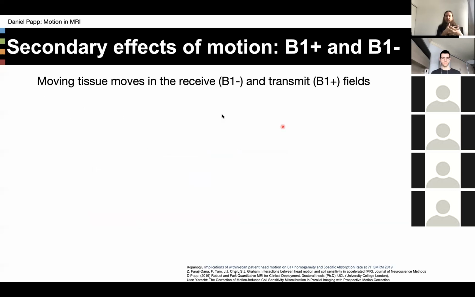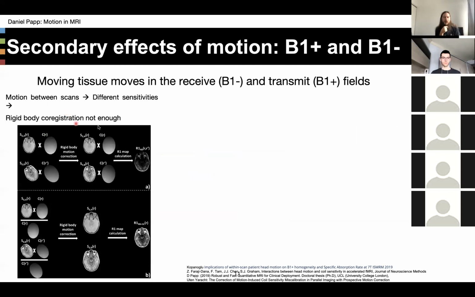Lastly, I want to mention the effect of motion on the receiver and the transmitter fields. This is from my thesis. This is the secondary effect of motion and the effect of inter-scan motion. So if you have two scans that you want to co-register and do something with, head is here, then the head is here. And the underlying anatomy obviously isn't changing.